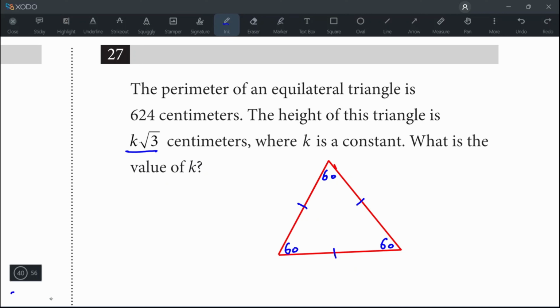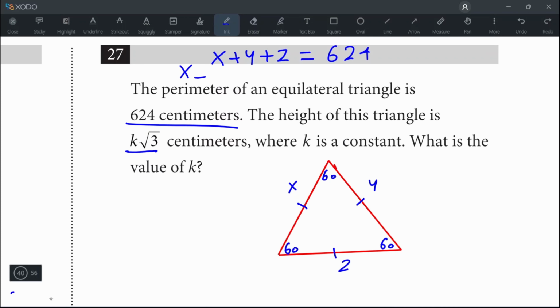Now, it is given that the perimeter of the triangle is equal to this value here, and the perimeter is equal to the sum of all the three sides of this triangle. So let's say that's side x and that's y and that's z. So x plus y plus z is equal to 624, right?